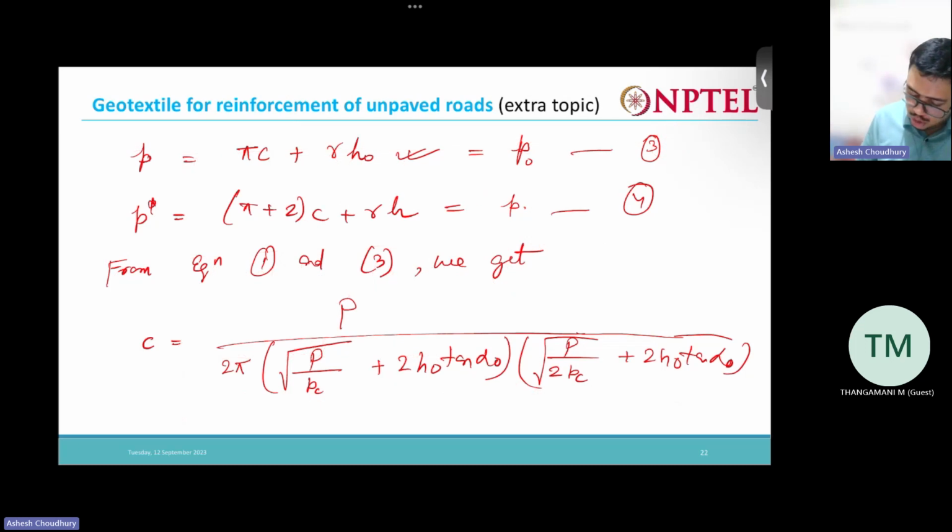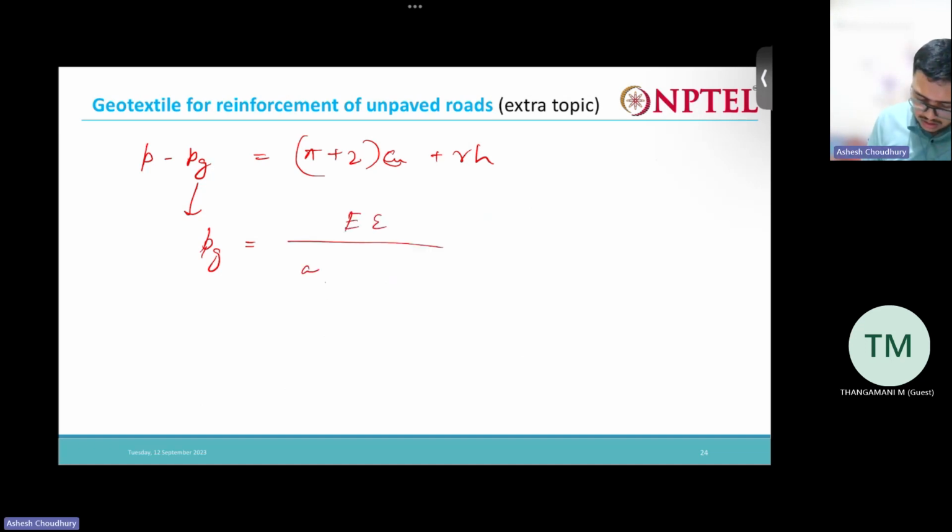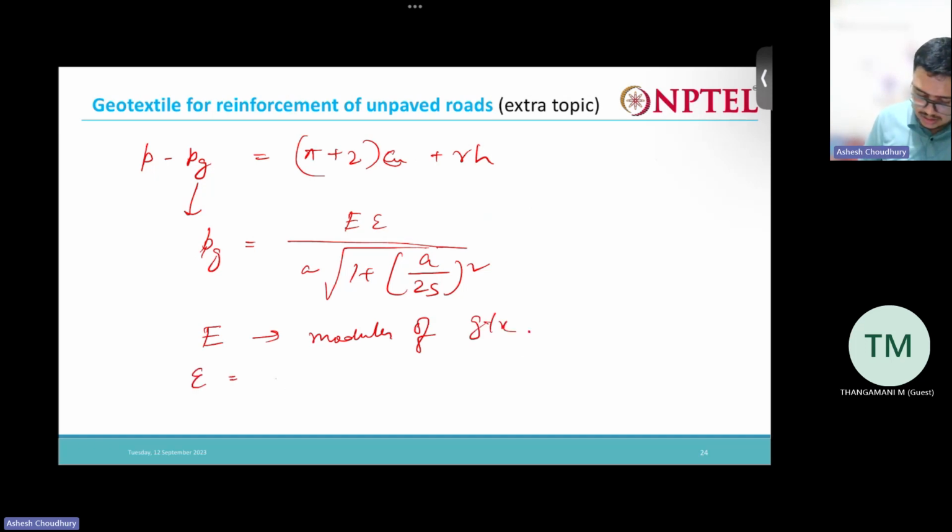What is PG? I will tell you. So P minus PG is to be equated with equation 4. And what was equation 4? P i plus 2C C plus gamma into H. Now what is PG? PG is E into I A plus A by 2S square. Okay, so let us define the terms here. E is the modulus of geotextile. What is I? Elongation. All right.